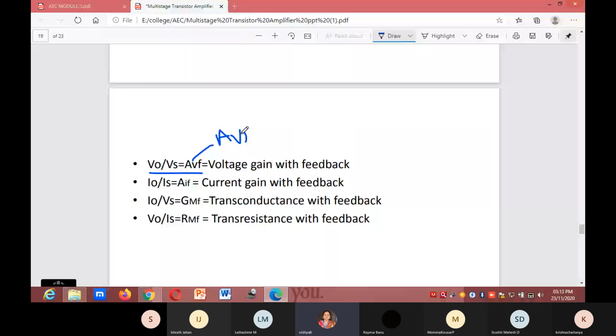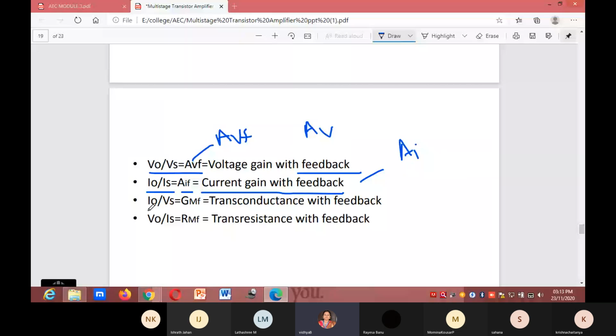Without feedback you only get AV. Vo divided by Vs is equal to AVF, that is the voltage gain with feedback. Next, Io divided by Is is AIF, the current gain with feedback. Current gain without feedback is AI.